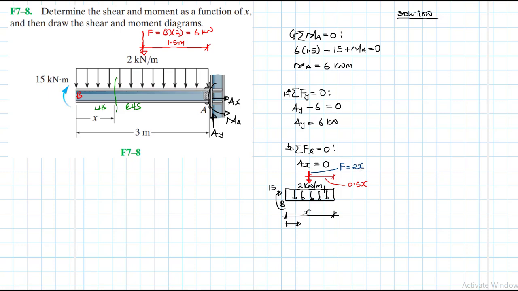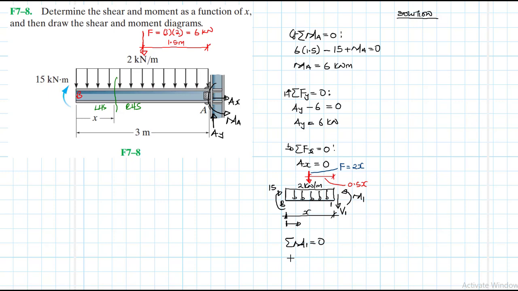Okay, and then at this point here, let's call this point 1. So we expect a shear force V1 and a moment M1. So this is about it. We've replaced everything that we need to. Let's do the calculation. So summation of moments about point 1 equal to 0. What do we have?